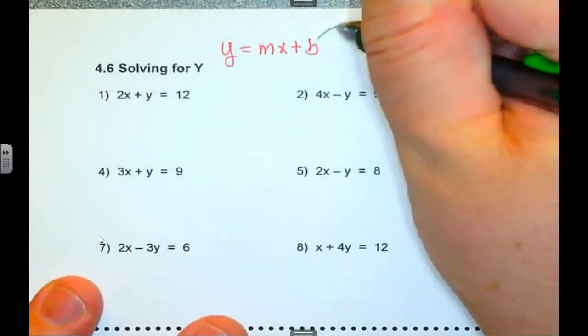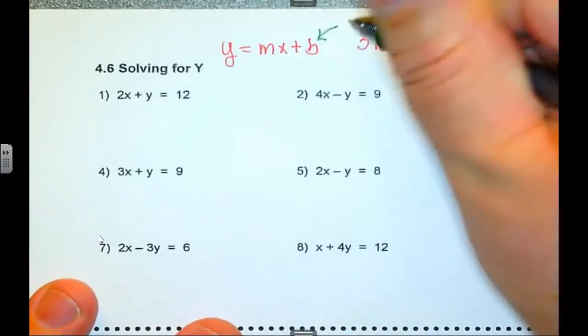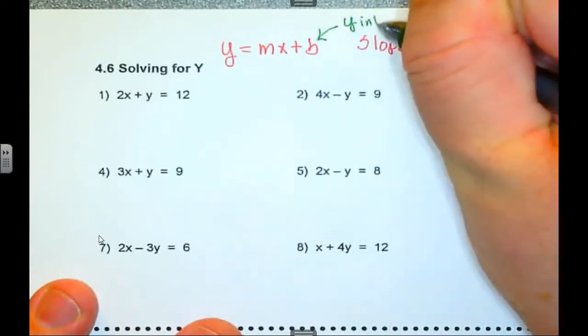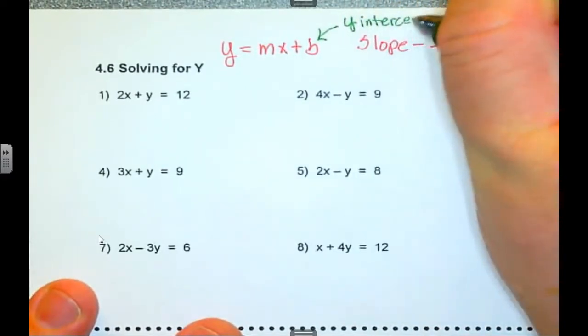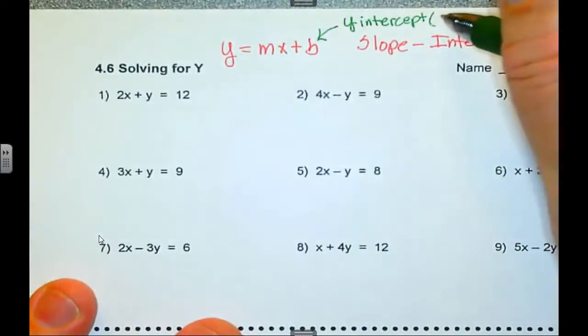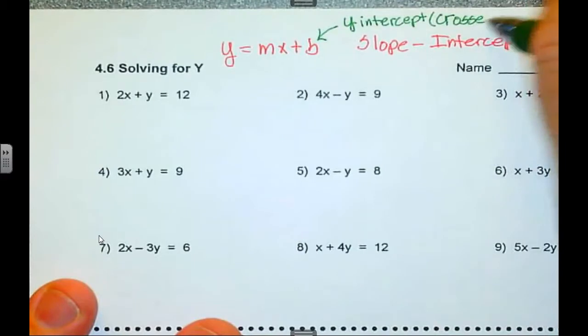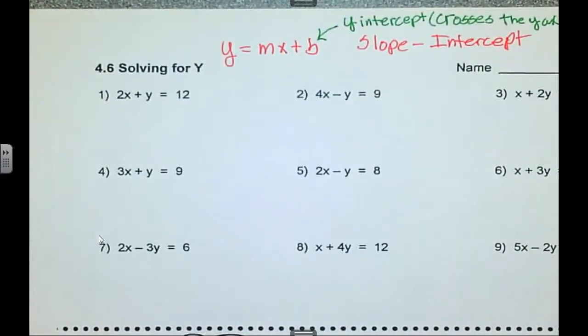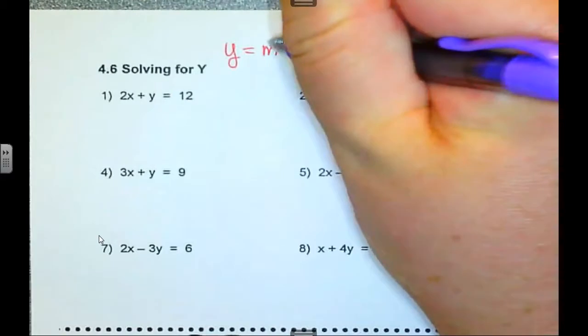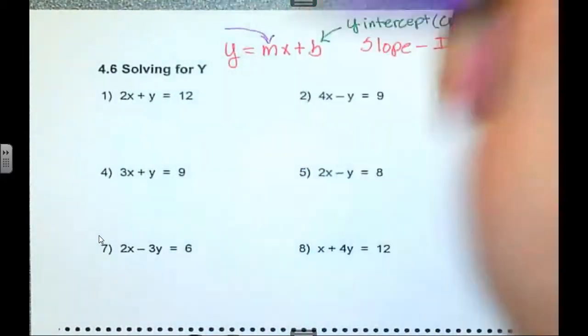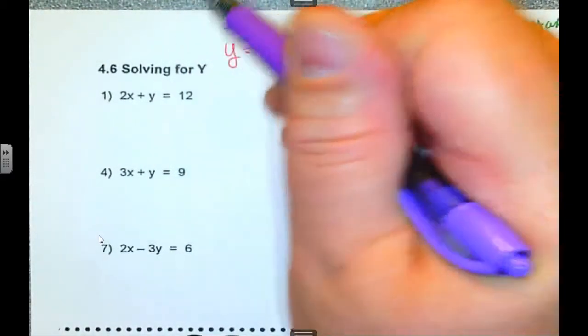I can easily read the y-intercept, or where it crosses the y-axis, and we can easily read the slope. So we want to put our equations in slope-intercept form if we can.